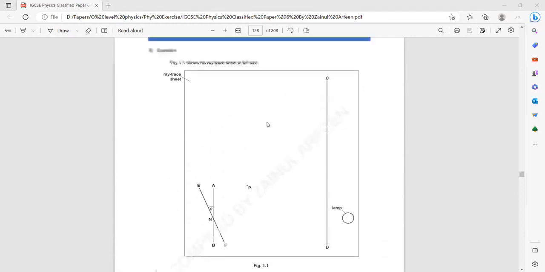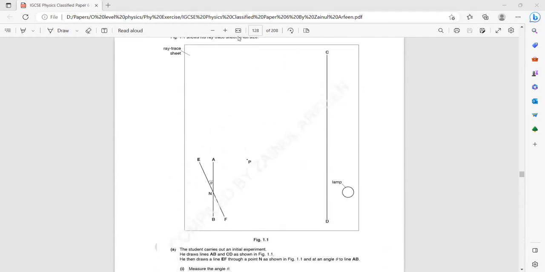How to measure L and G? You have to place your ruler or scale, like you draw a line from N to P and continue until it meets a point on line CD.